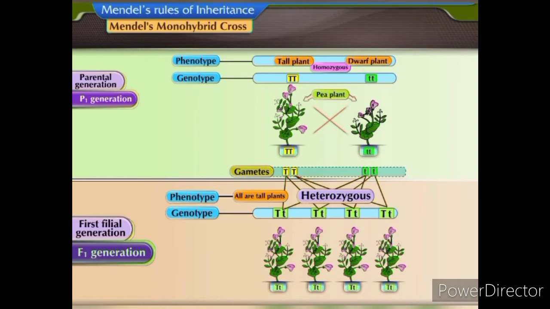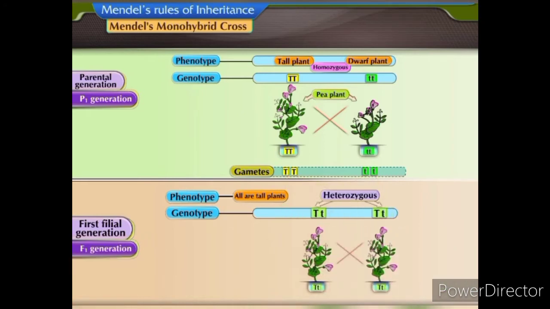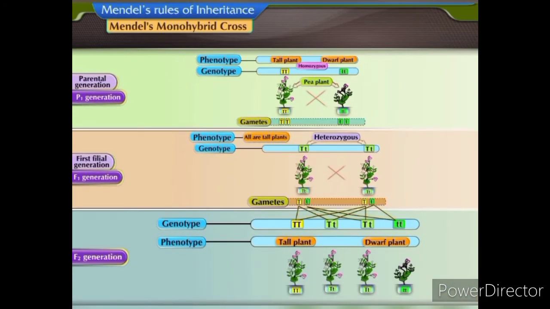Hence, F1 plants are self-pollinated to obtain F2 generation, that is, F1 crossed with F1 gives F2. Now, each of these parents is heterozygous tall with genotype Tt. So we have Tt crossed with Tt.